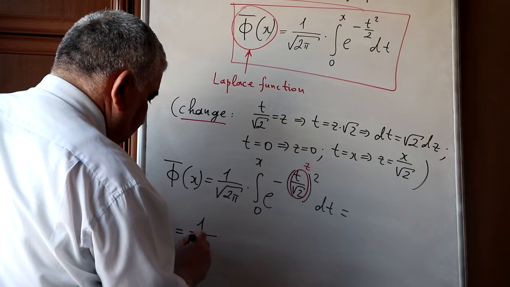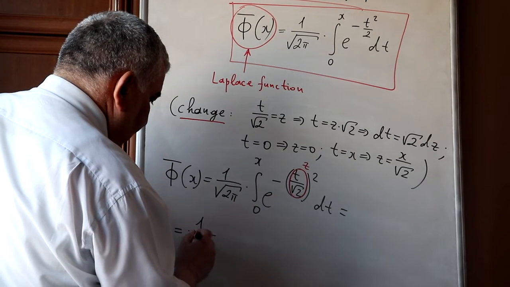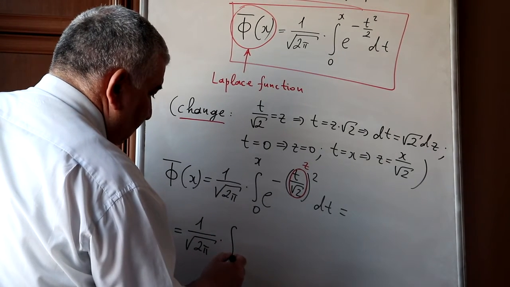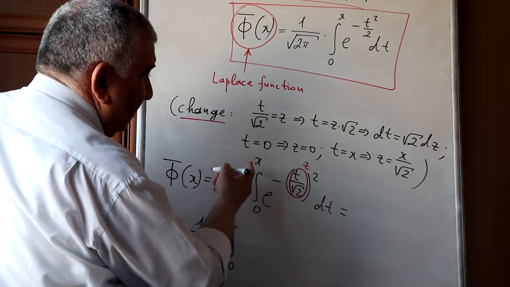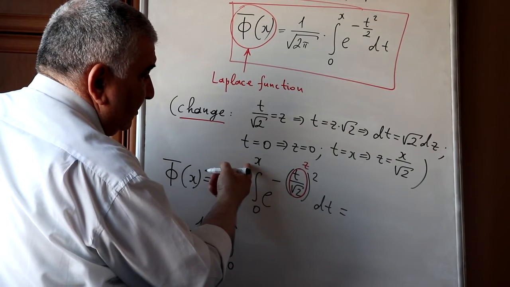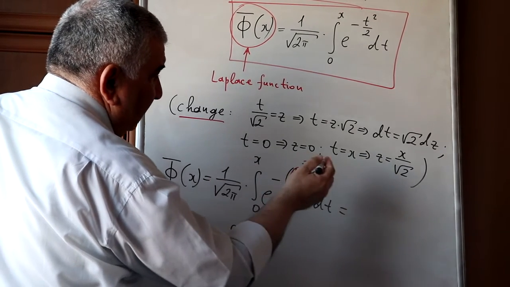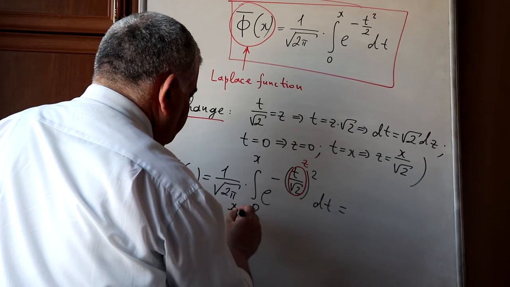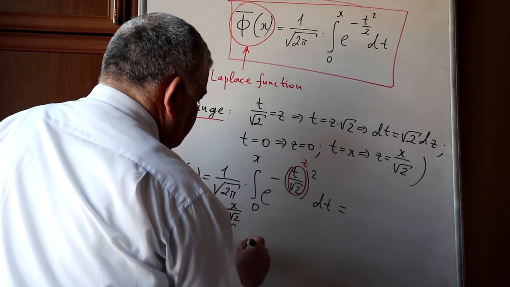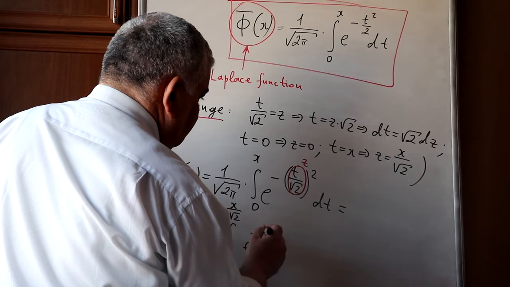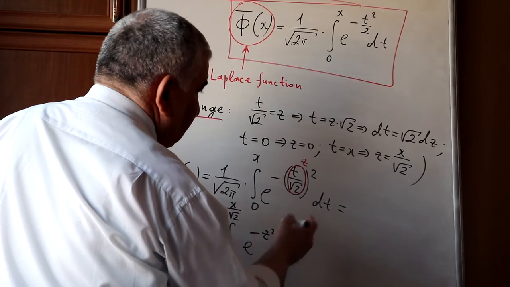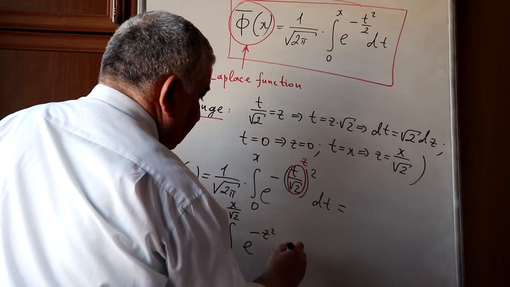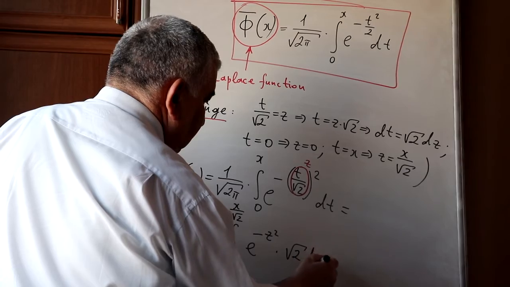1 over square root of 2 pi, applied from 0 to x over square root of 2, e to the minus z squared, and dt is square root of 2 dz.